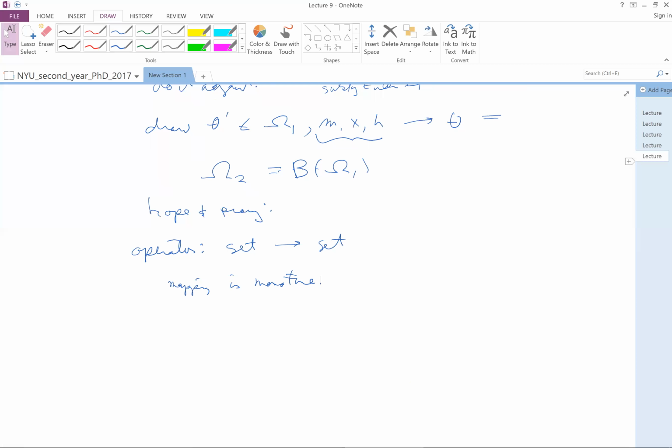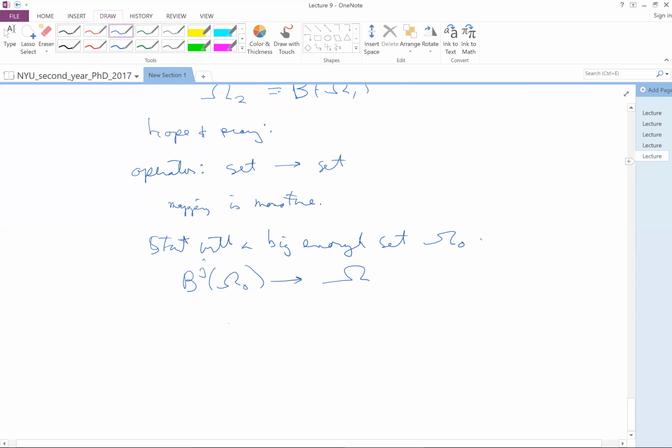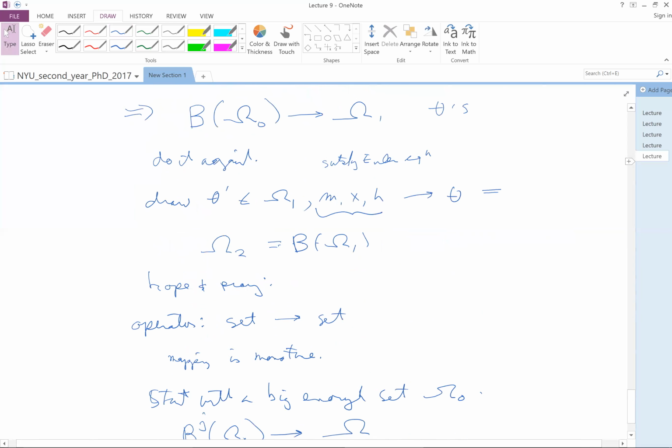So there's going to be a version of a monotone convergence theorem: if you start with a big enough set, the iterations are going to converge to a set omega, and that's going to be the set we want, the set of thetas associated with competitive equilibria. That's the basic idea.